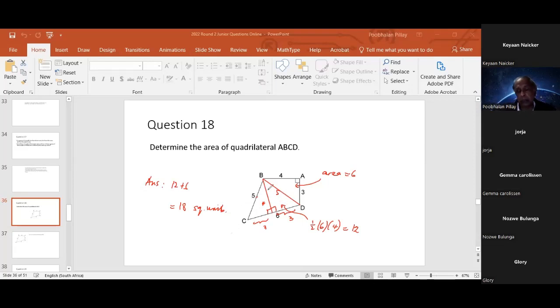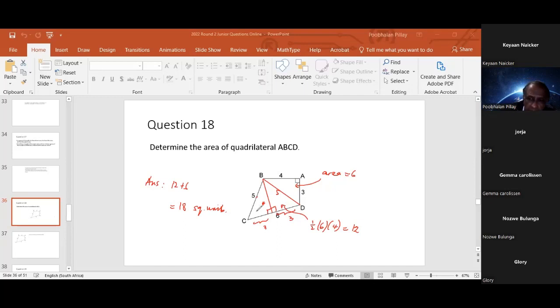So the idea here was to split the quadrilateral into two. One of them is a right angle triangle, and the other one turns out to be isosceles. And I told you a method of finding the area of an isosceles triangle. Don't forget that. Whenever you have an isosceles triangle and you want to find the area, split it down the middle, as we have done, and you'll get two right angle triangles. And you know how to find the area of a right angle triangle, so that's not a problem.